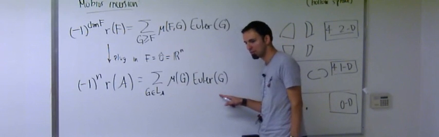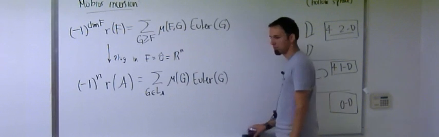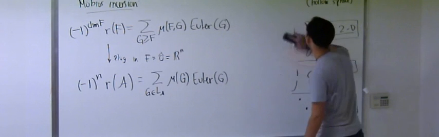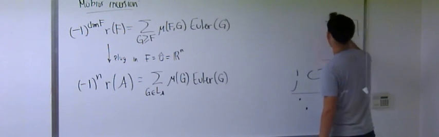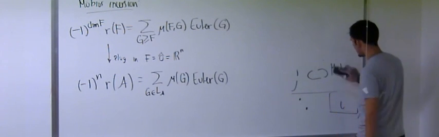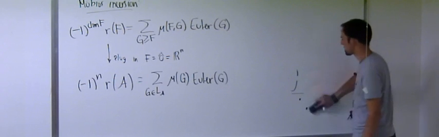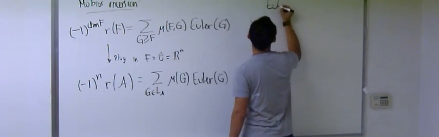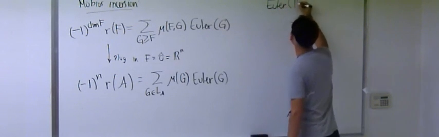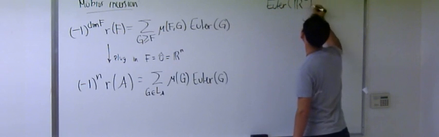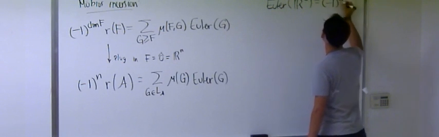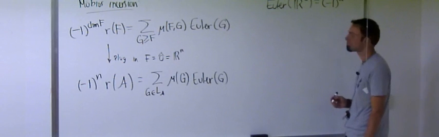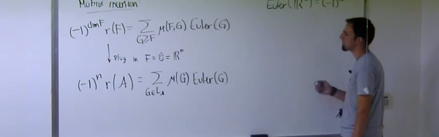I don't think I have time to prove this to you. But of course, once you get to this point, if you don't know what this Euler characteristic is, you just find the nearest topologist and ask them. They'll tell you. The Euler characteristic of R to the D is minus 1 to the D. It's actually a good exercise.